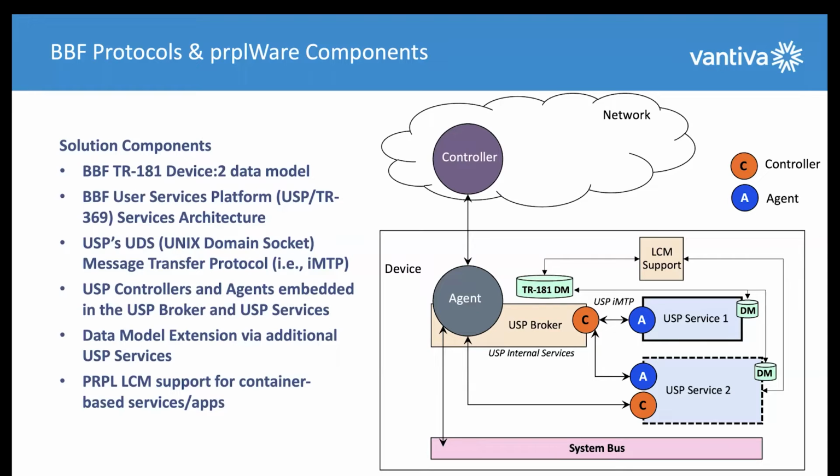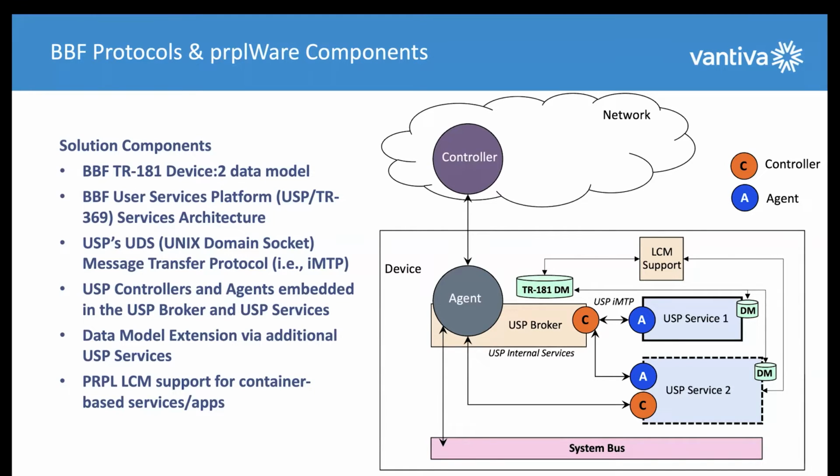So looking at the right-hand side a little bit here, I'm going to dive in a little bit more. This agent piece right here, and this controller piece in the cloud, those are the two components that existed before. If you go back and look at USP 1.0, 1.1, 1.2, those are the concepts that existed at the time.